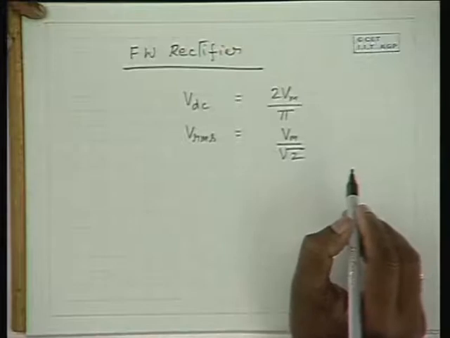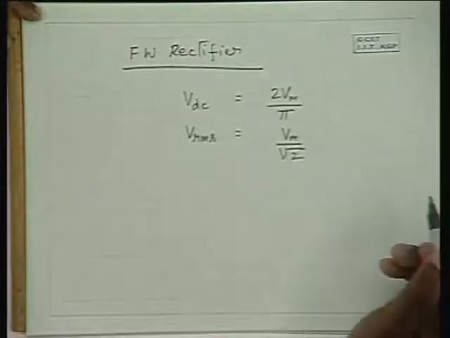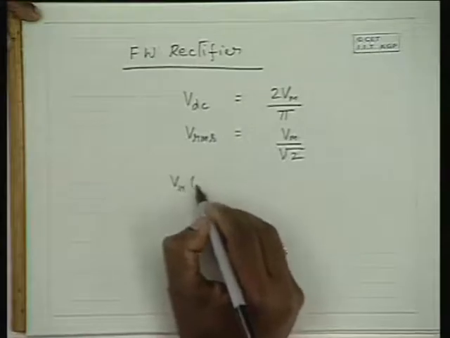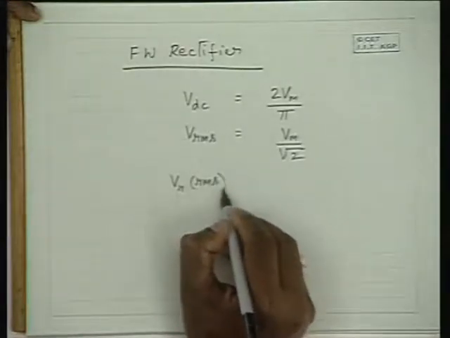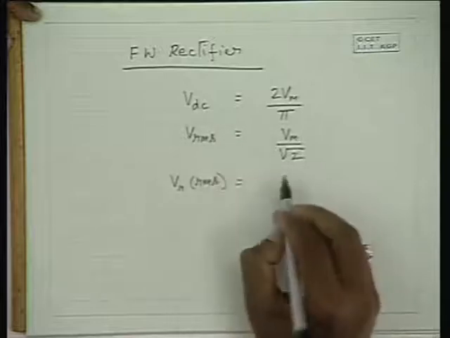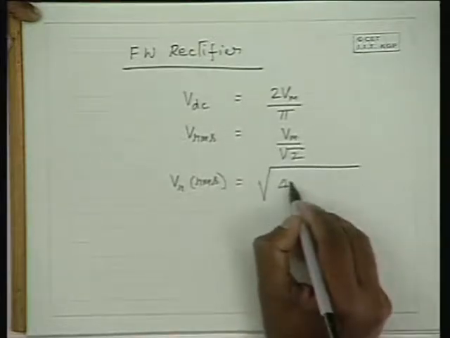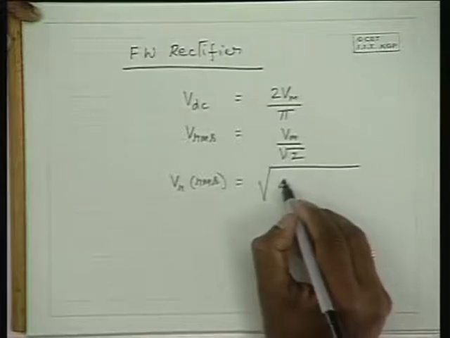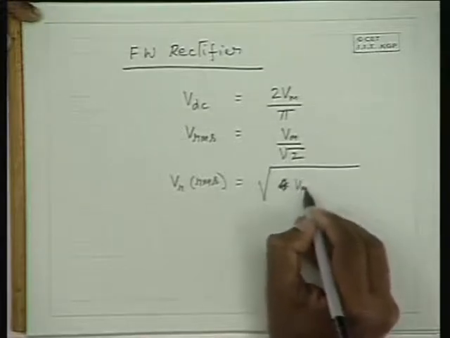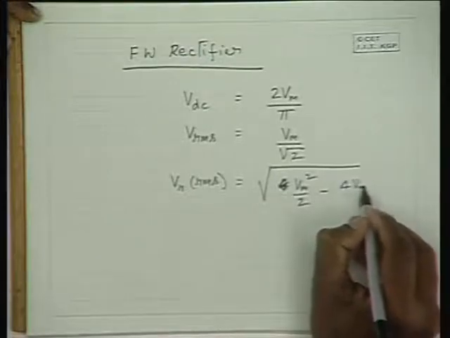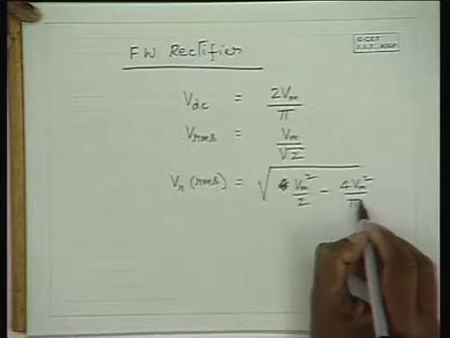In the same way as we did for the half wave rectifier, you can determine the ripple's RMS value. So the ripple's RMS value is square root of 4 Vm square by 2 minus 4 Vm square by pi square.